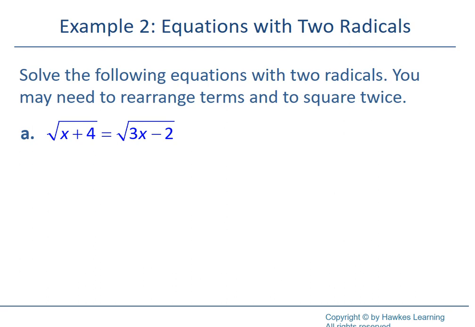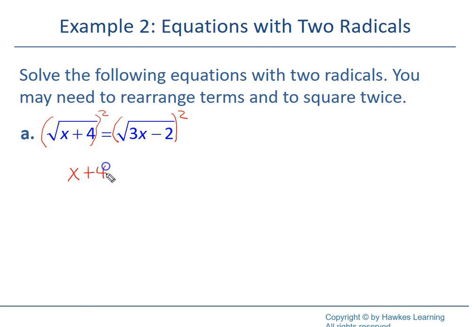Okay, we're now going into solving equations with 2 radicals. So again, pause for a moment. Write this into your notebook. And what do we do here? Well, the same technique. To get rid of a radical sign, we raise it to the index number power, and it just becomes the radicand.